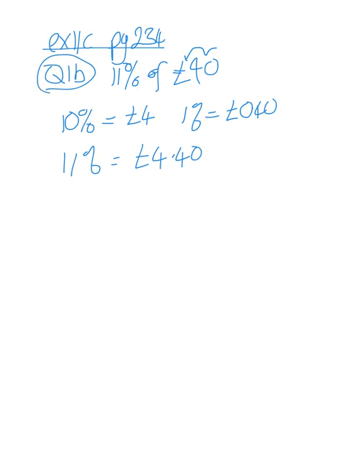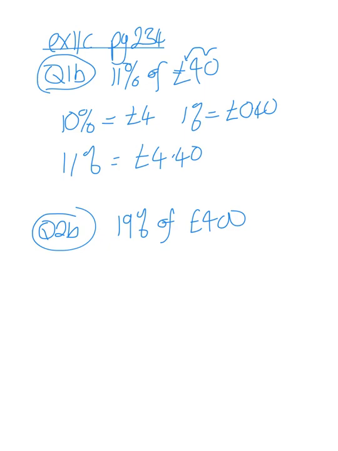Now, if we look at 2B, question 2B wants us to work out 19% of £400. Well, I can get to 19% from 20% and then minus 1%. So 10% of 400, I'm just going to divide by 10, so that'll give me £40.